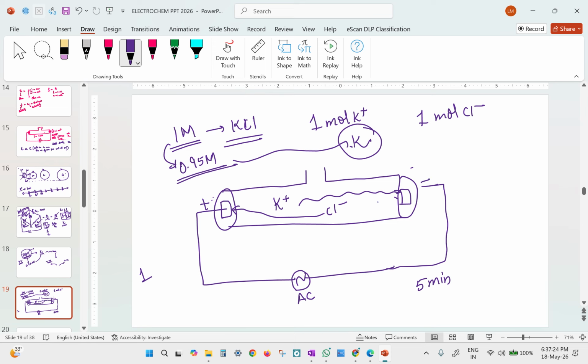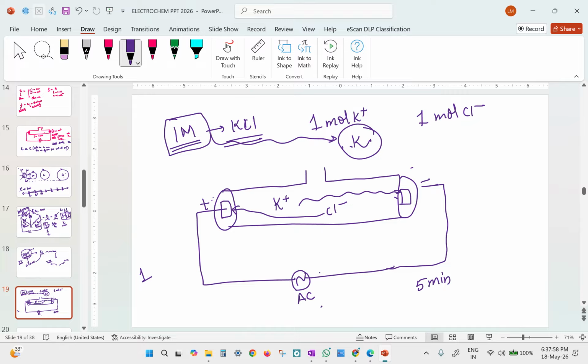So ions will keep moving from one electrode to the other, but no net reduction, no net oxidation will happen. Therefore the concentration will remain 1 M. No reduction of potassium, no oxidation of chloride. So potassium ions remain potassium, chloride ions remain chloride ions. The conductivity value that you measure now will actually be for the 1 M solution.